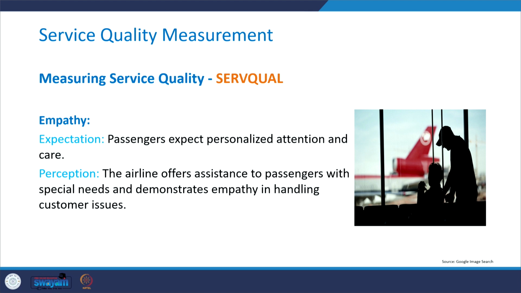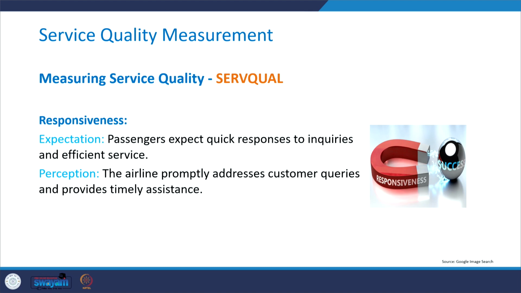The airline offers assistance to passengers with special needs and demonstrates empathy in handling customer issues. Then comes responsiveness. Here, passengers expect quick responses to inquiries and efficient service, whereas the perception can be that the airline promptly addresses customer queries and provides timely assistance.